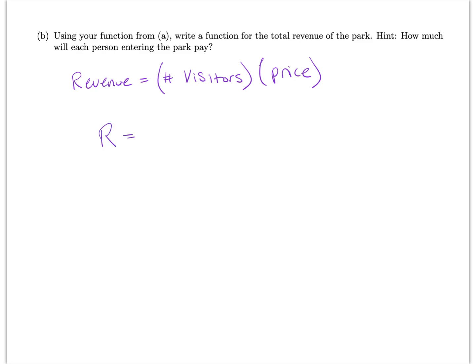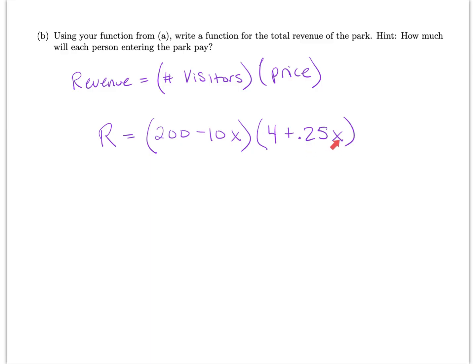Okay, so the number of visitors to the park, we just wrote a formula for that. That's 200 minus 10x. And then the price that each of them is going to pay depends on X, the number of times we've increased the price, right? So right now it's $4 and it's going to go up 25 cents. Each price increase is 25 cents. So I'm going to do plus 0.25x, plus 25 cents every time we increase the price.